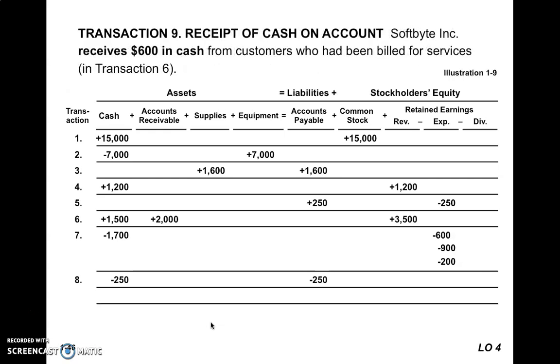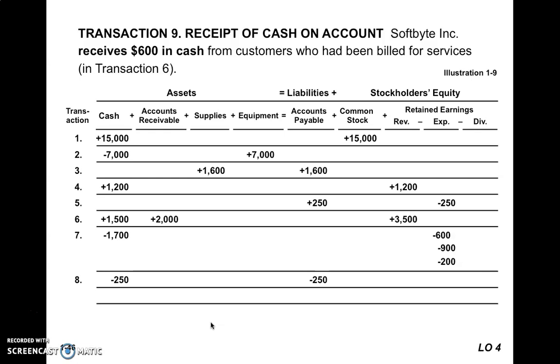Next one, receipt of cash on account. If you remember, we had a customer that owed us money when we provided services. SoftBite Inc. received $600 in cash from customers who had been billed for services in transaction 6.